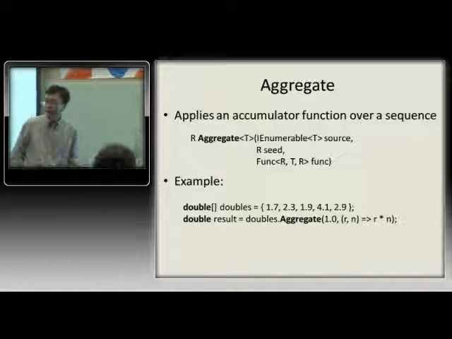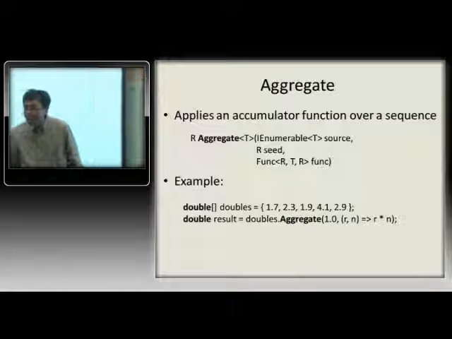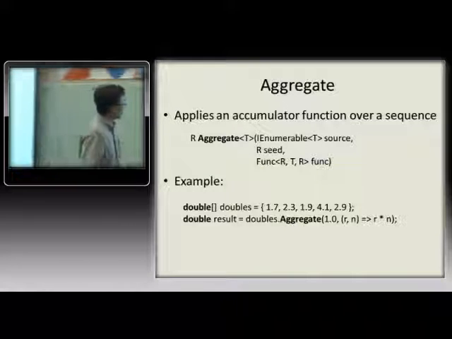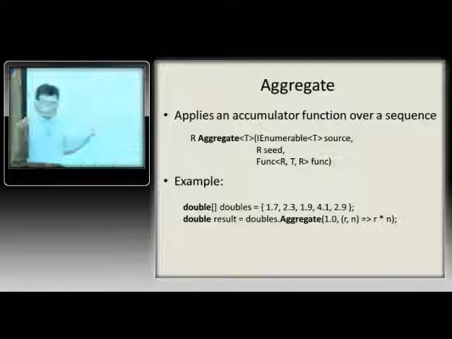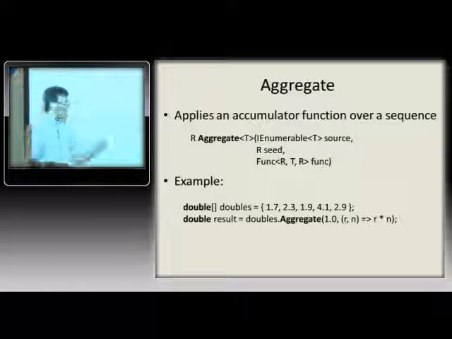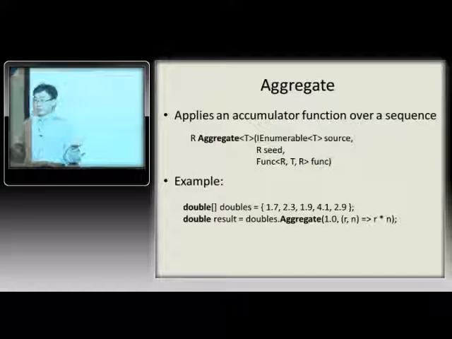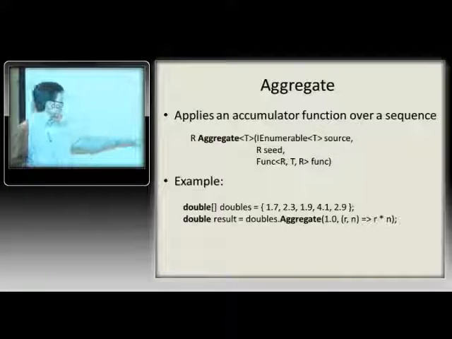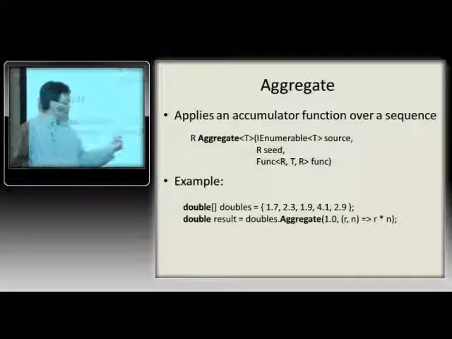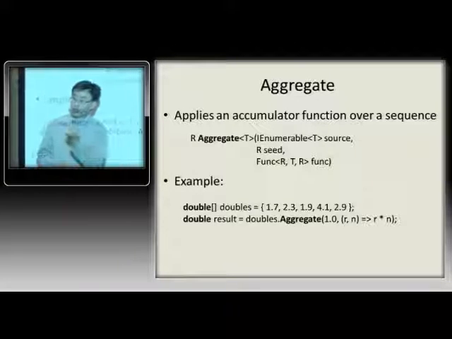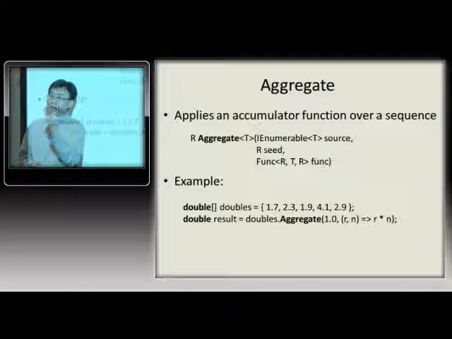Can you explain this example? Okay, so you have a collection of doubles, right? Now what I want to do is compute the product. How do I go about it? I'm applying the aggregate function to the doubles, and I have an initial seed. The initial partial result is 1.0.